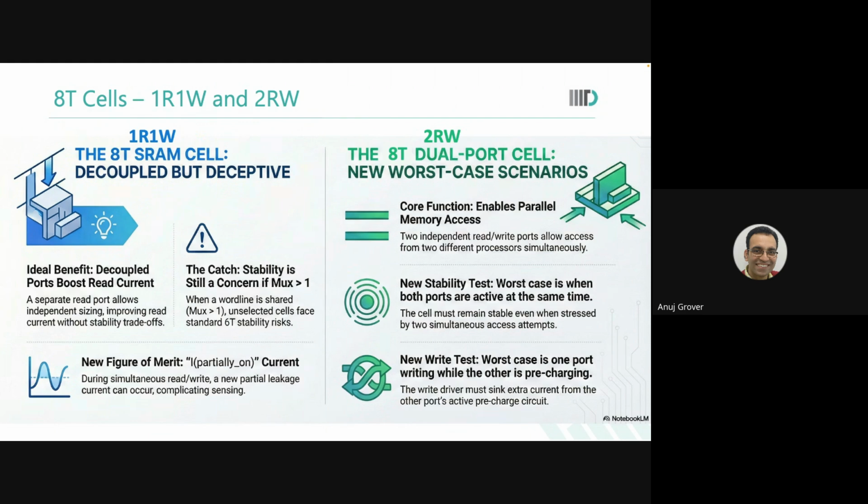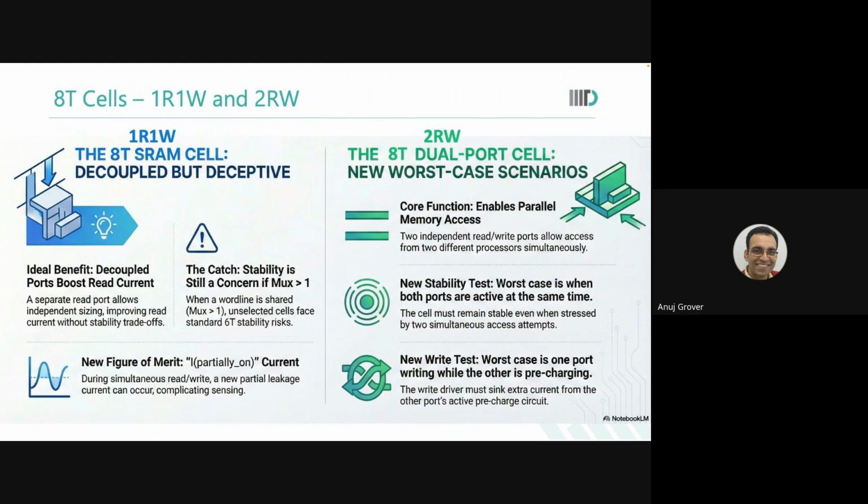There was the cell ratio that we said there has to be some ratio. Pass gate has to be more resistive than the pull down. We saw some such stuff. And because of that, we may not really be able to extract the speed that we want out of the memory cell. As soon as you put a separate port for the read operation, now read current and stability are no longer coupled.